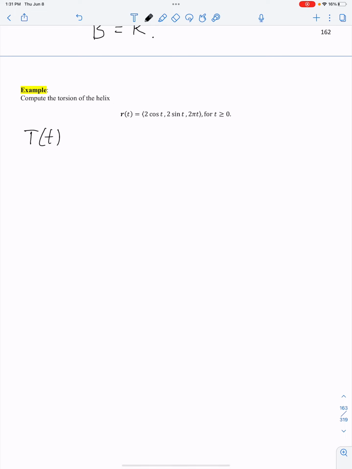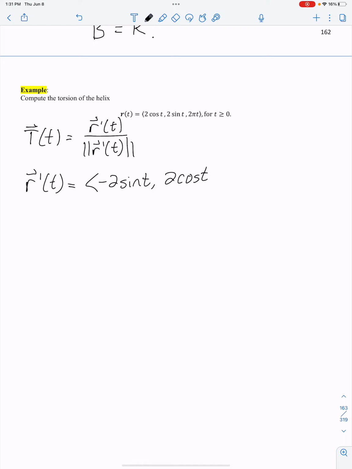So T of t is going to be r prime of t over the magnitude of r prime of t. So I need r prime. So r prime of t is equal to negative 2 sine t, 2 cosine t, and then 2 pi for that last one. All right, the magnitude of that vector, we're going to square that.